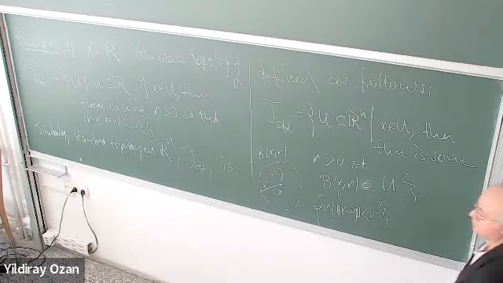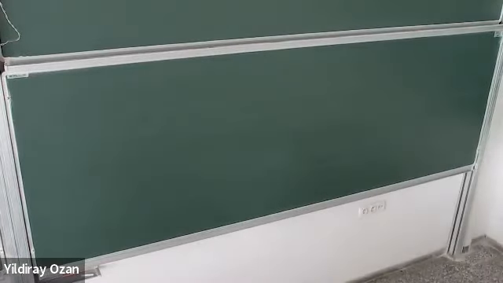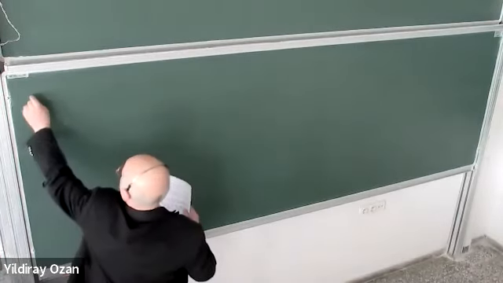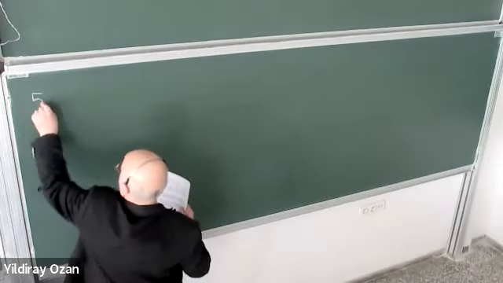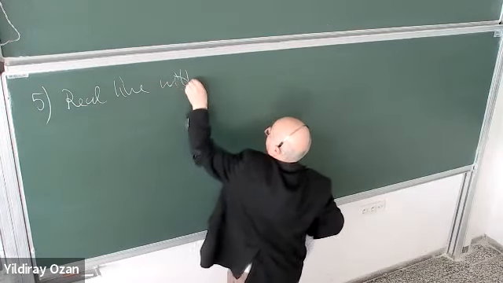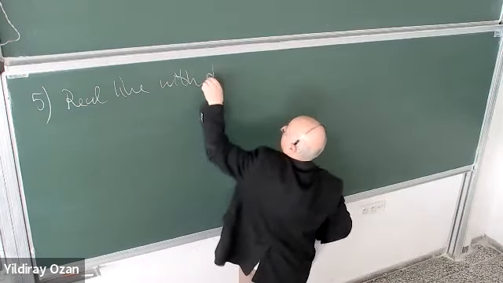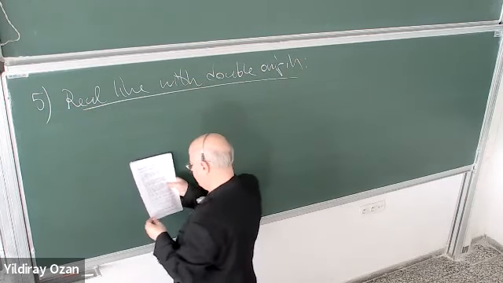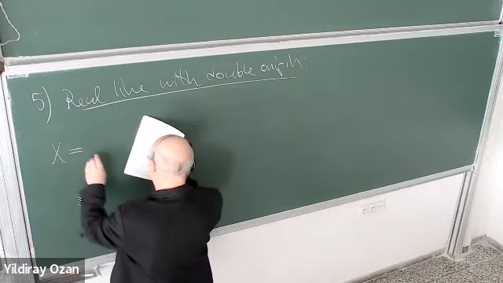What else? Okay, let me switch to the board. Here is another topology: the real line with double origin. What is this? It is the following. X is the following set.